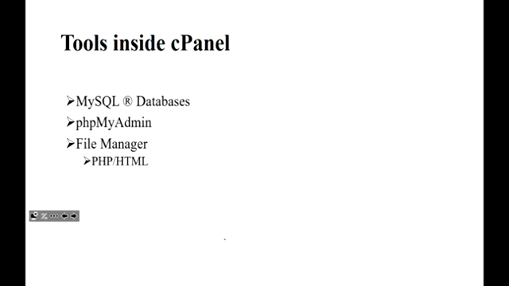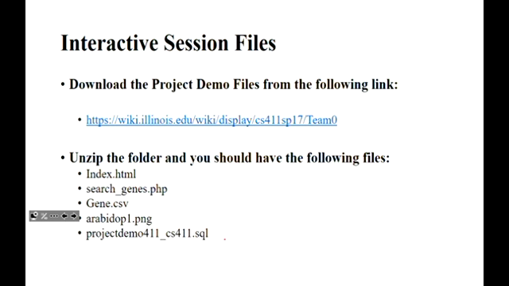Okay, the tools inside cPanel that we will be going through are MySQL databases, phpMyAdmin, and File Manager. There are some project files for this tutorial. If you go to the team pages where you have your team name and other information, you should have team 0 at the top of that page. If you click that team 0 link, you should be able to access a zip file.